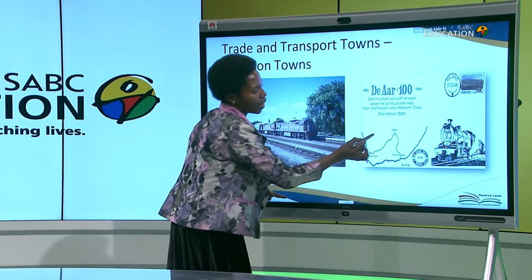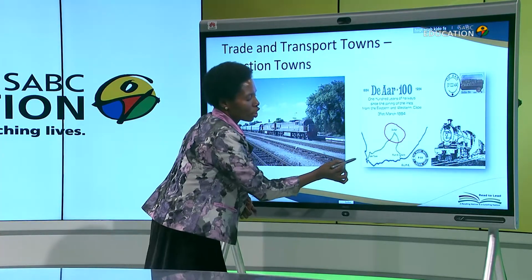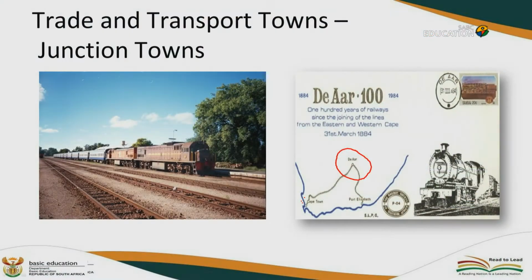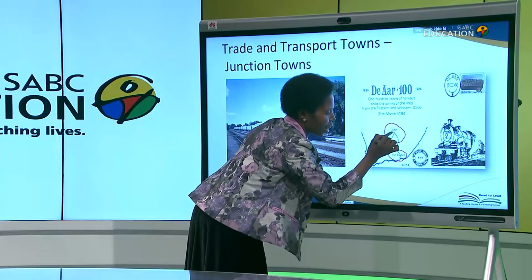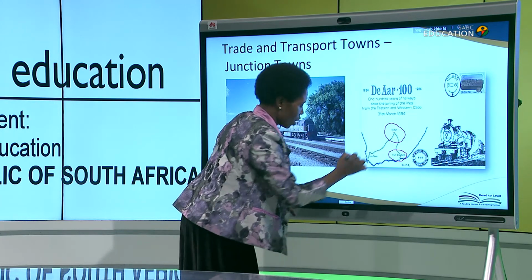That is why we take an example of DR. We have the main railway line that comes from Cape Town to Northern Cape, and then we have the one that is coming from PE and meets here. So that is why this town developed.